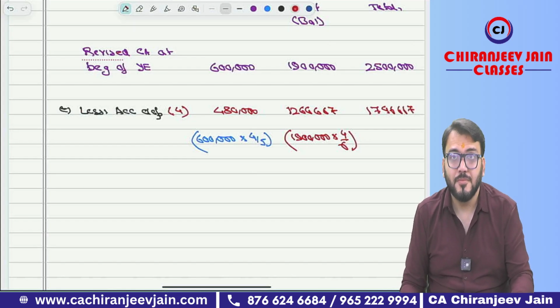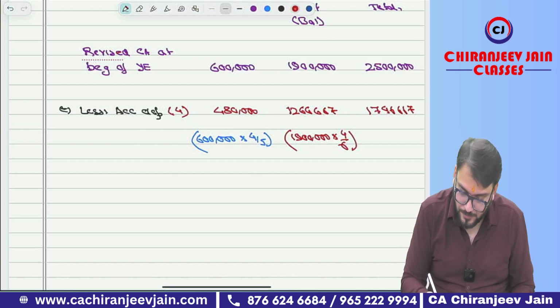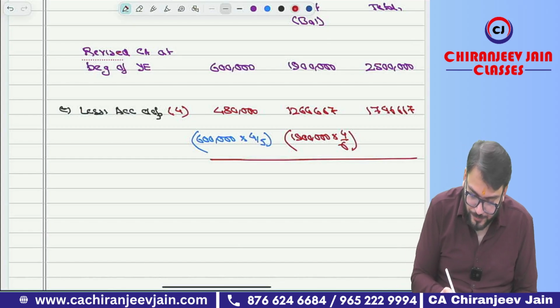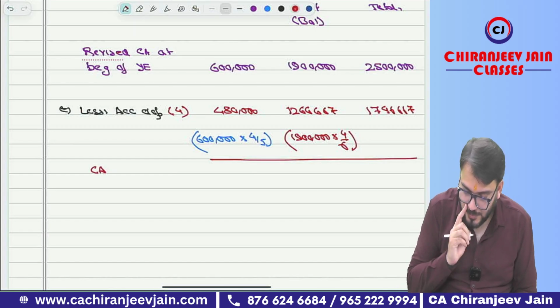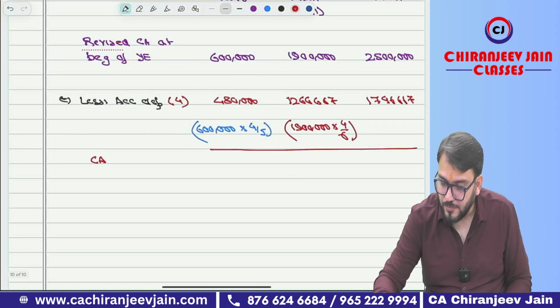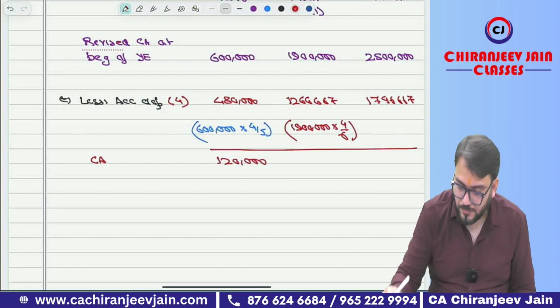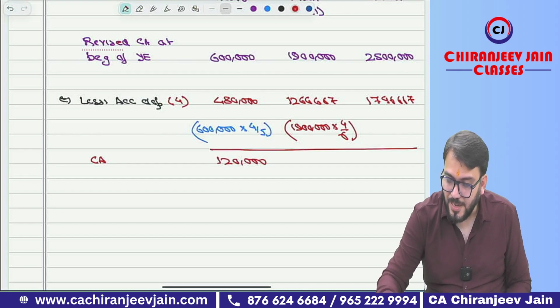Now it was sold for what amount? What is the carrying amount? Carrying amount is what? 6 lakh minus 4,80,000. It is 1,20,000. 19 lakh minus 12 lakh 66,667.